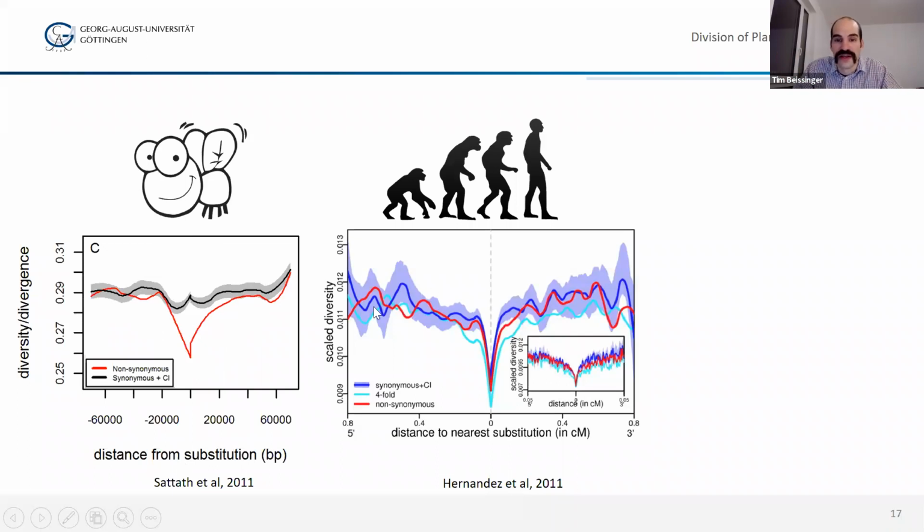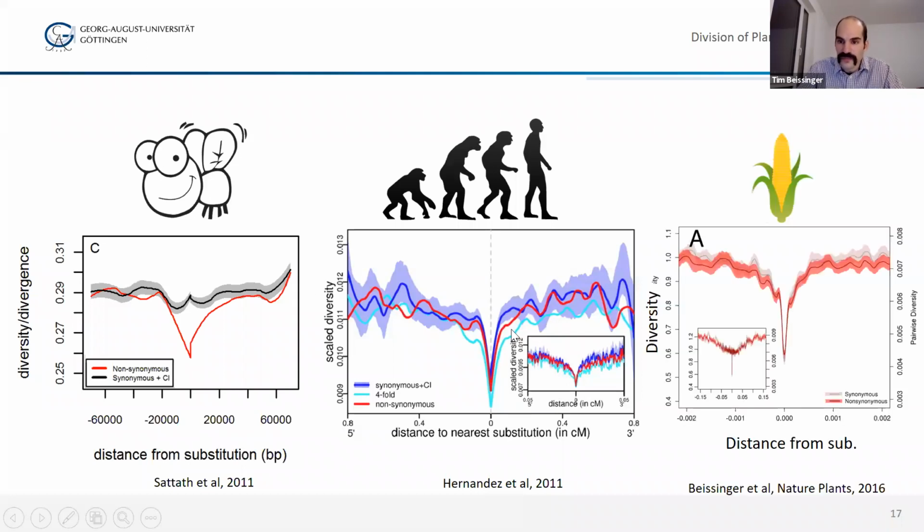For humans, the pattern was quite different. Around various classes of substitution, there were similar reductions of diversity, and the takeaway from this was that there is not evidence that strong selection on beneficial mutations, or classical selective sweeps, is a driving force in humans.